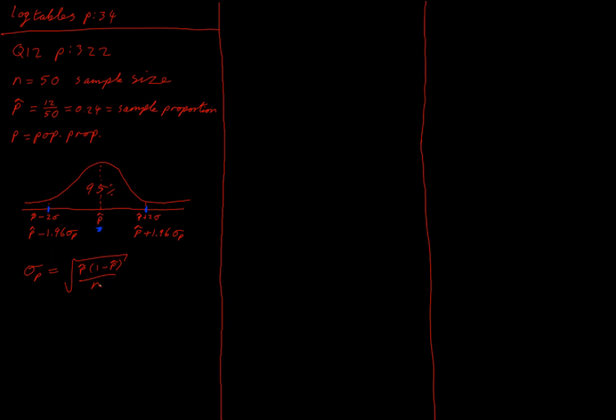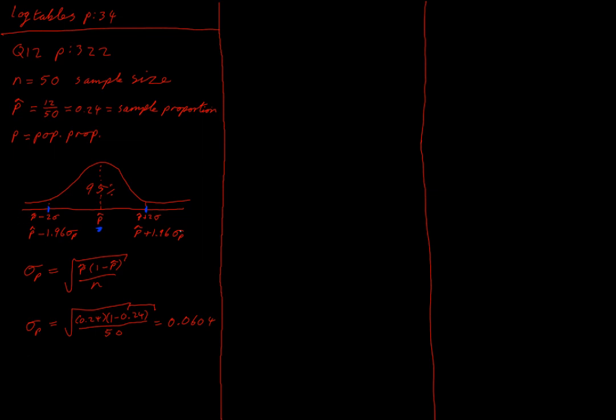Well, we've already written out the information we need here. We know that p hat is 0.24 and n is 50. We sub that all in: 0.24, 1 minus 0.24, all over 50, and we get 0.0604. Keep the rest of the decimals in your log table.